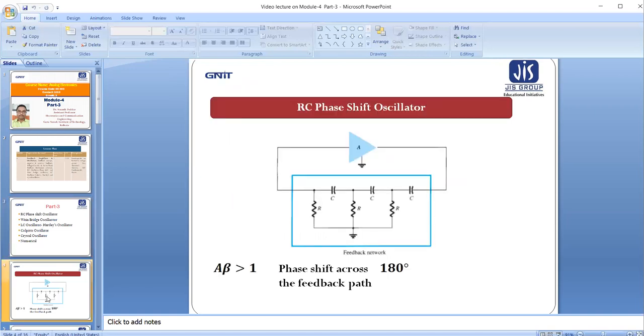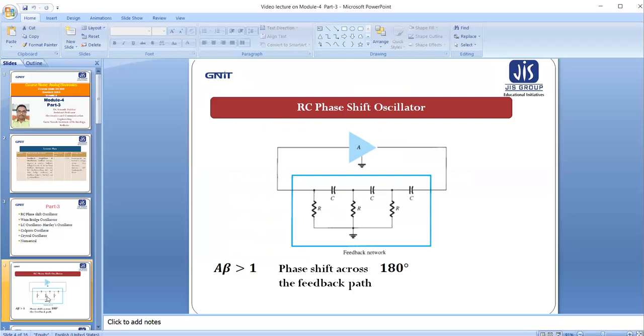So let us start with the RC phase shift oscillator. Basically, this RC phase shift oscillator is a sinusoidal oscillator used in the audio frequency range, that is 20 Hertz to 20 kilohertz.